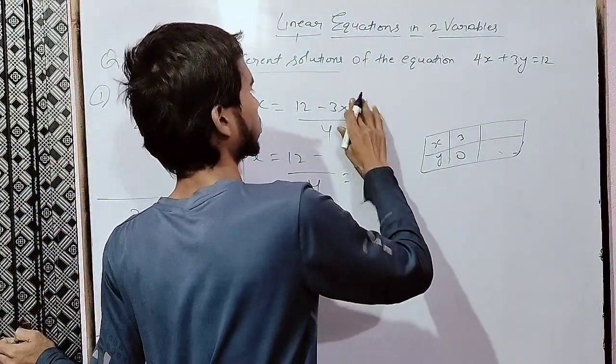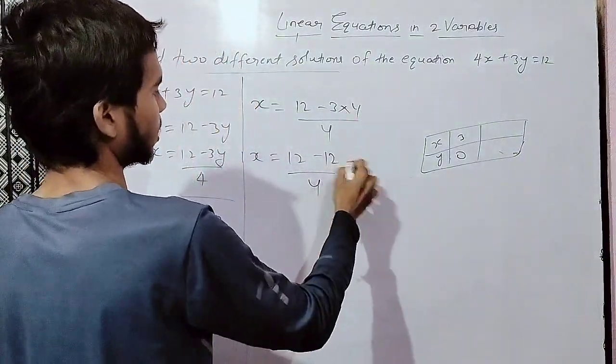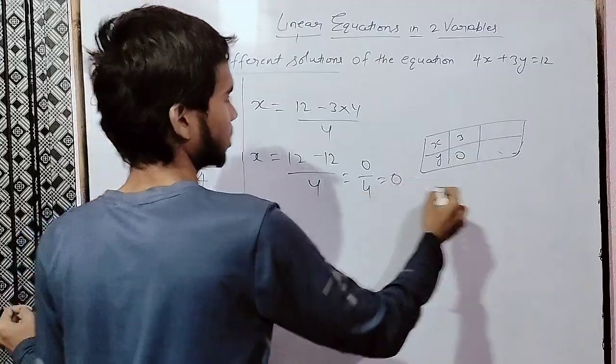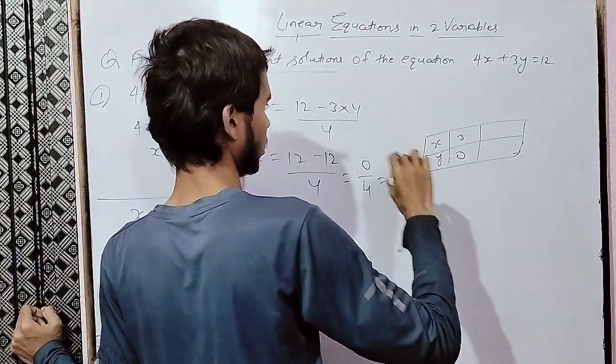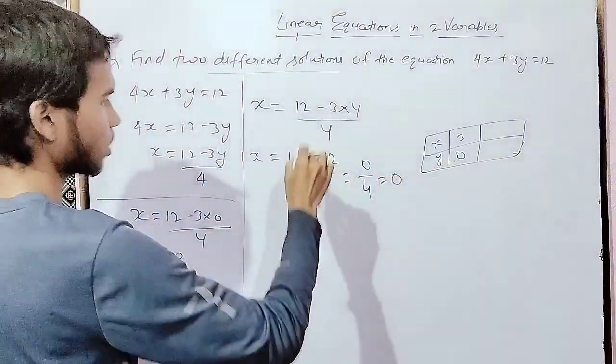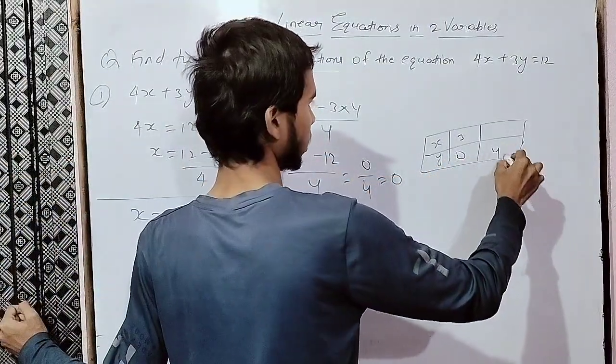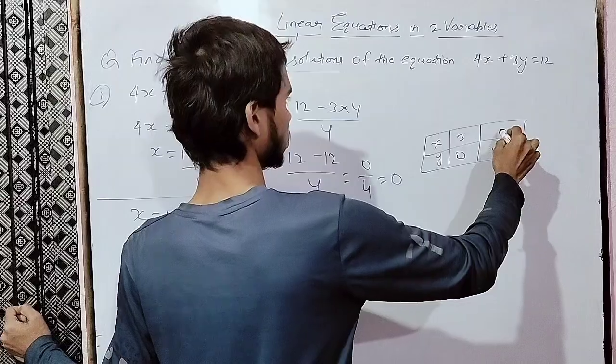Now 4 times 3 is 12, so now it is giving a number which is 0. So when 4 is put in place of y, then x is 0.